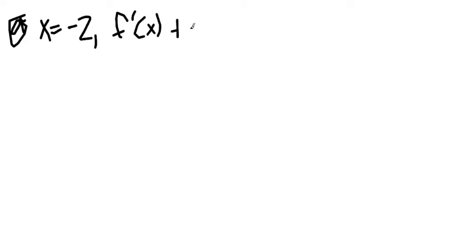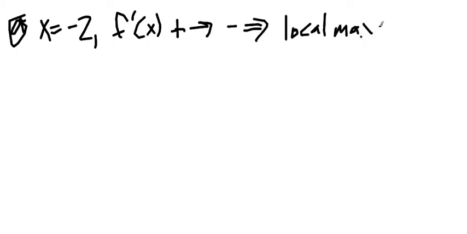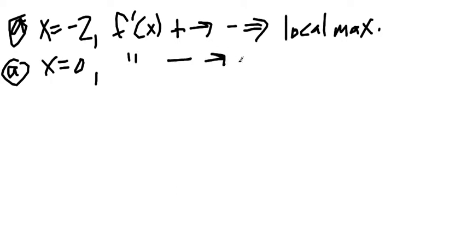So at x equal to -2, f prime of x goes from positive to negative, which means that we have a local maximum, and at x equal to 0, the derivative goes from negative to positive, so that means that we have a local minimum.